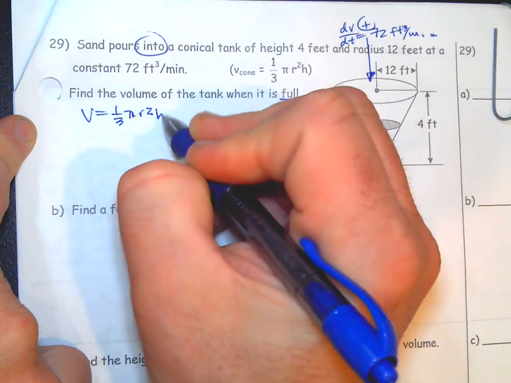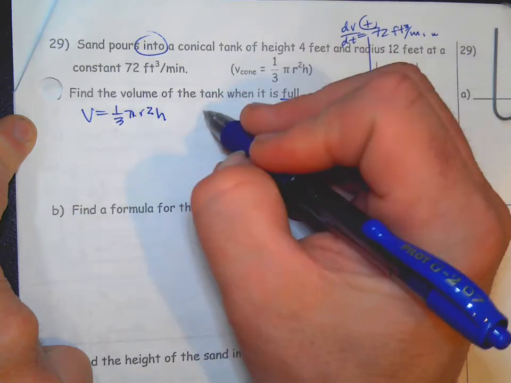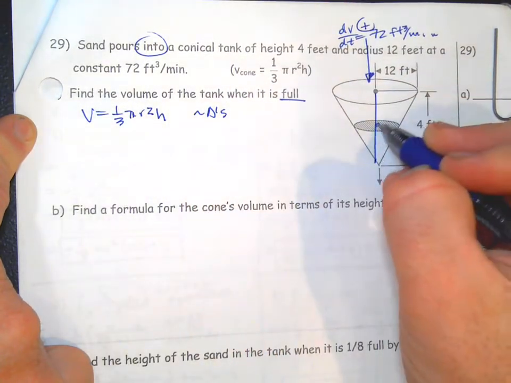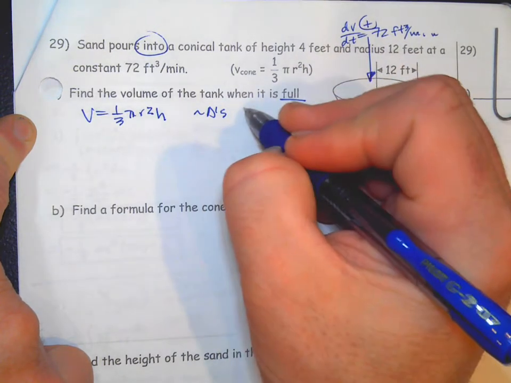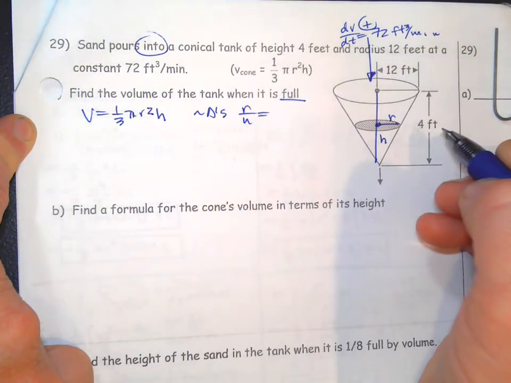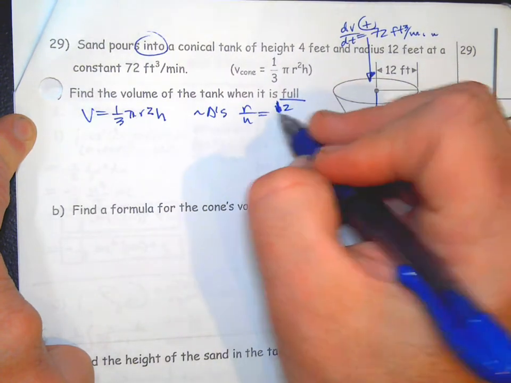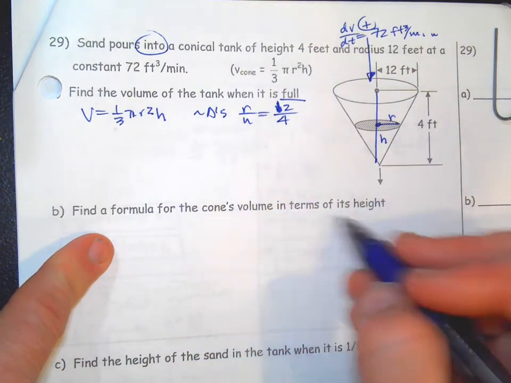Now we know we're going to have to use similar triangles at some point. So can we see if we can use that now? It's going to be r over h equals 12 over 4. Part B: find the formula of the cone's volume in terms of height only.